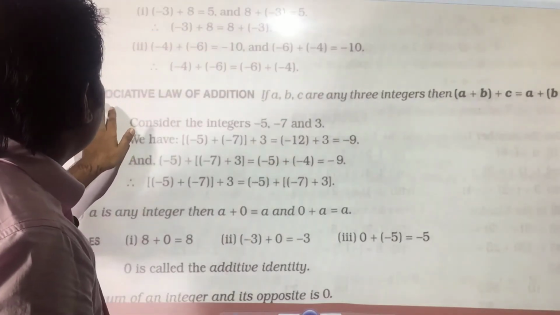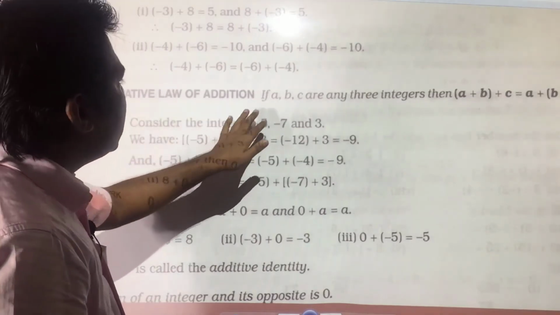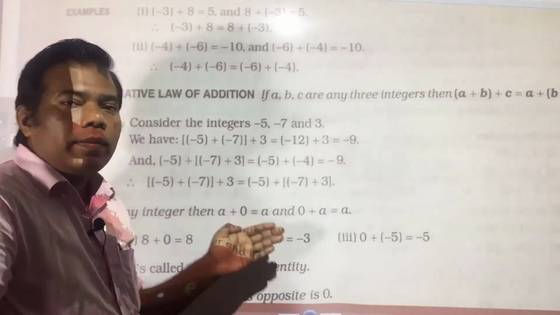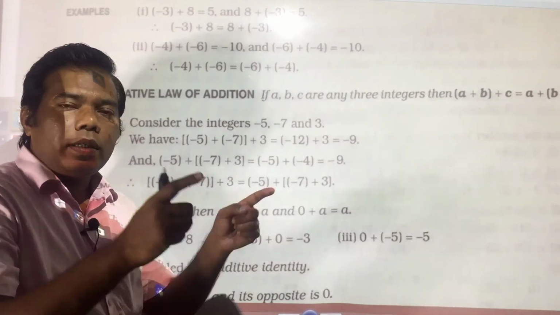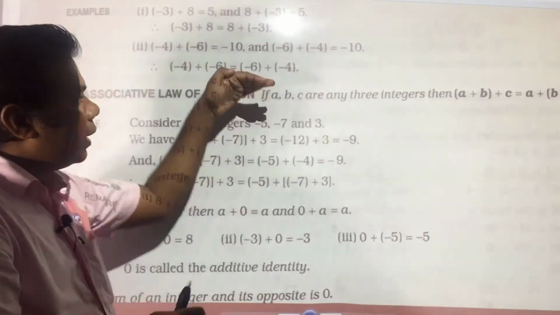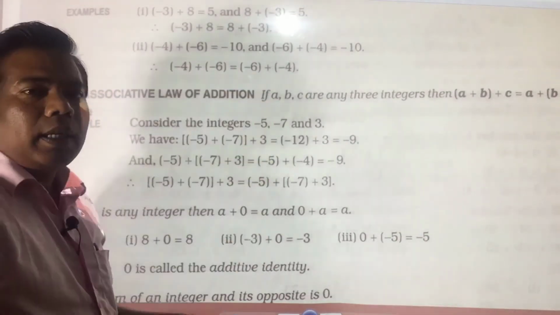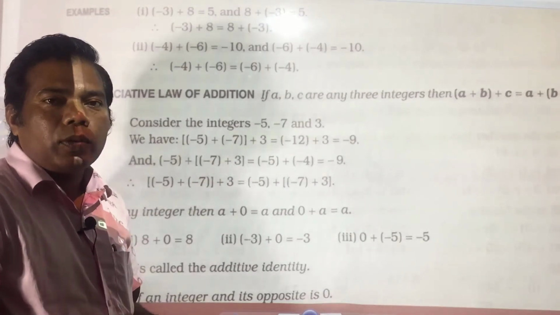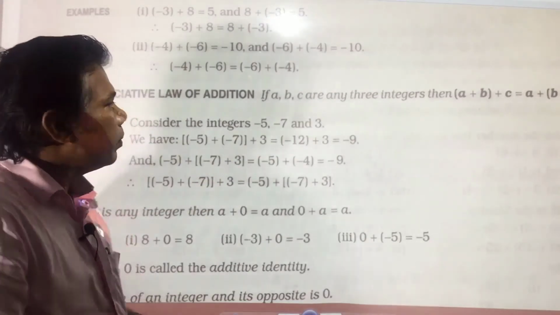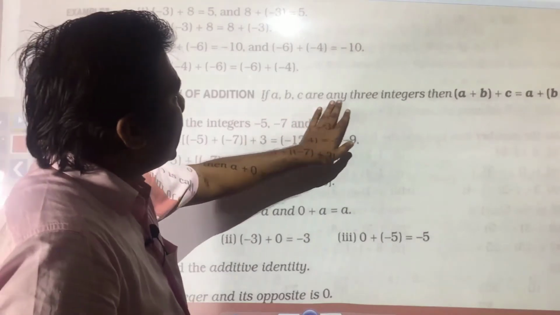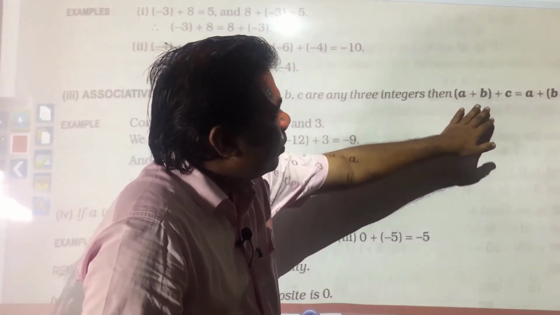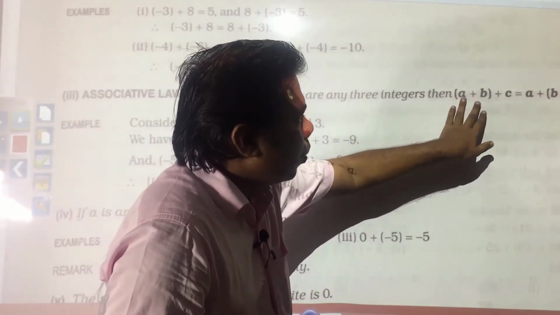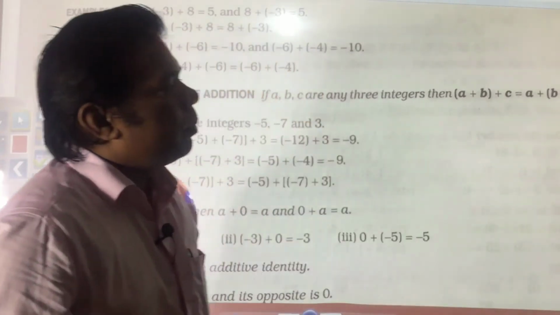Then the next property we have is the associative law of addition. All the properties that have been given must be there in your notebook. You need to write each and every law or property with a proper example, so that it will be easier to revise. If a, b, c are any three integers, then (a plus b) plus c is equal to a plus (b plus c).